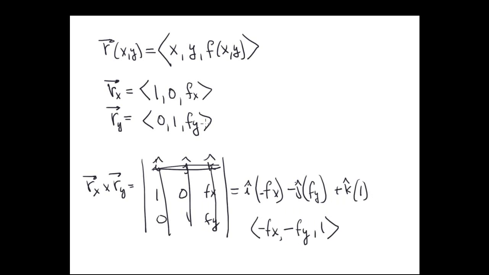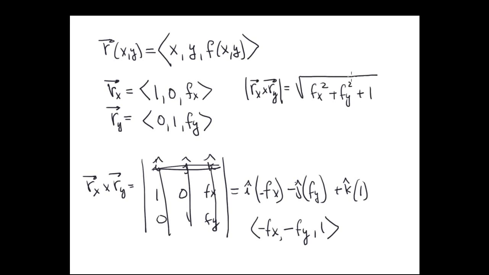And the magnitude of this vector is the square root of this component squared plus this component squared plus 1.